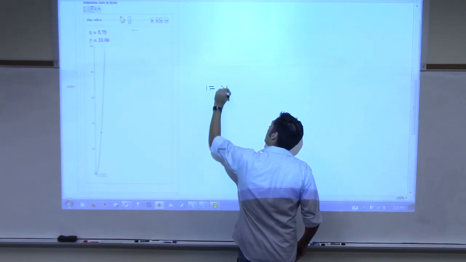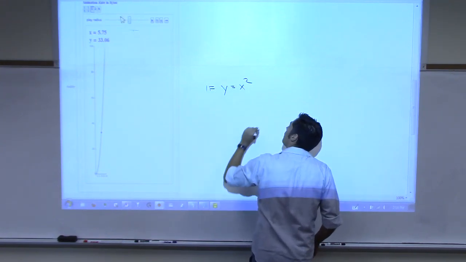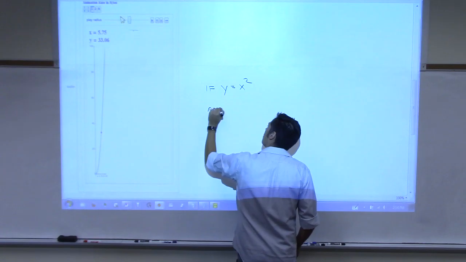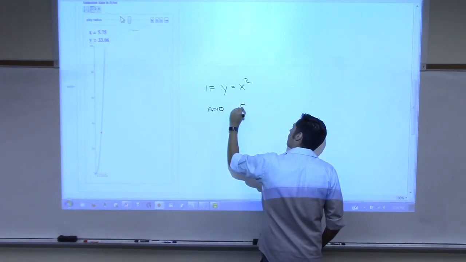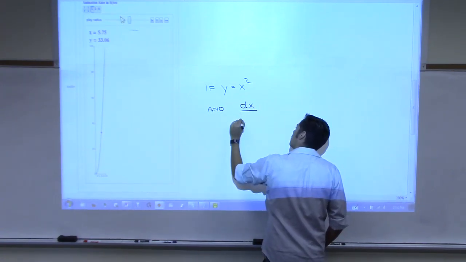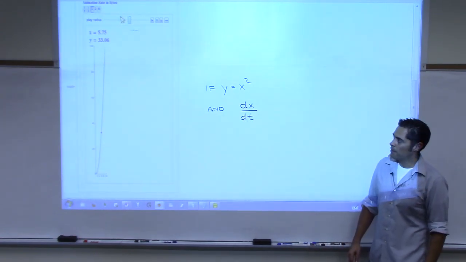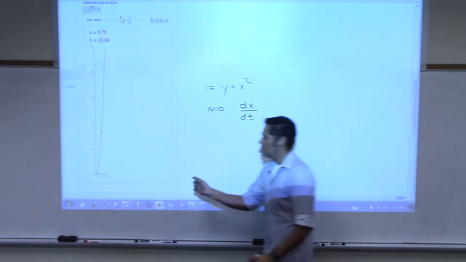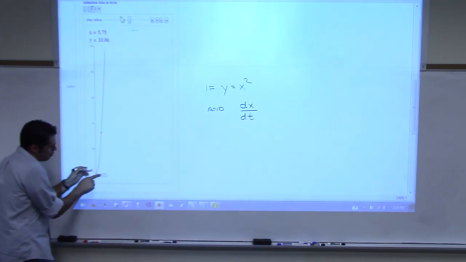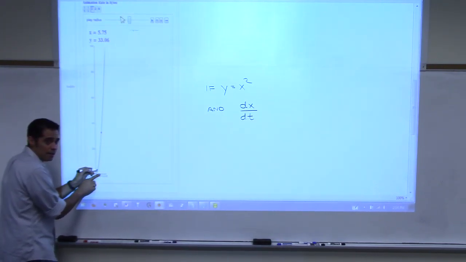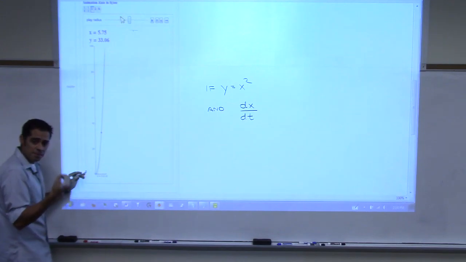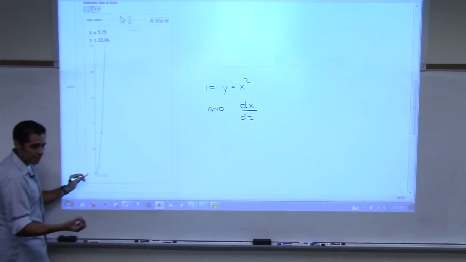If y equals x squared, and I tell you the rate at which x changes with respect to time, so I'm telling you that the x direction of the point is moving at a constant rate. The rate is a speed, speed is a derivative.